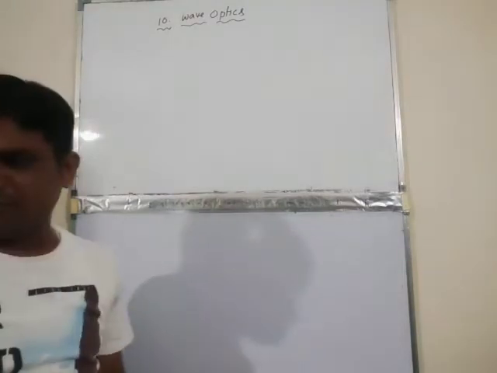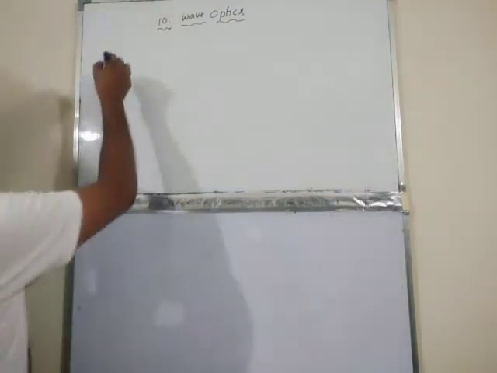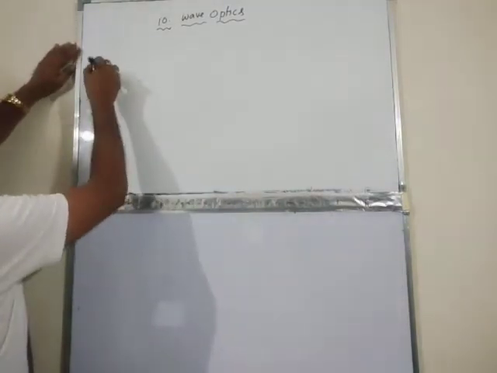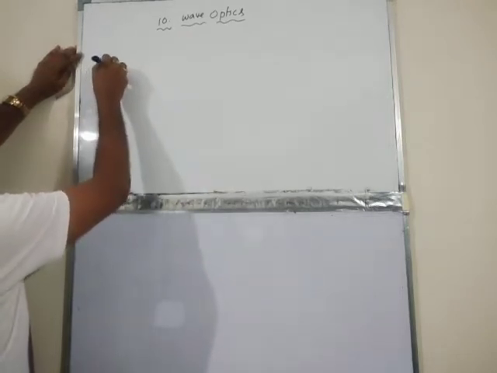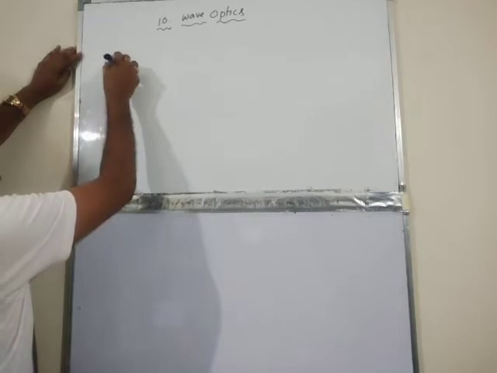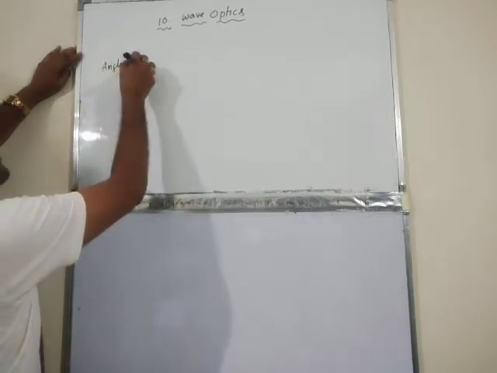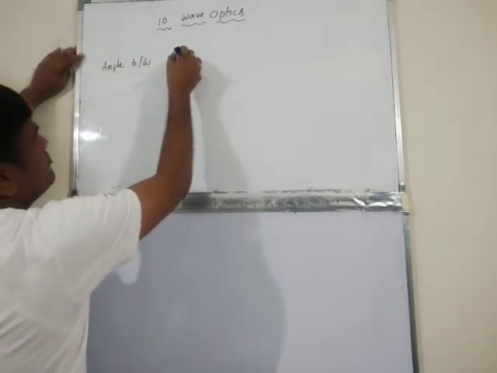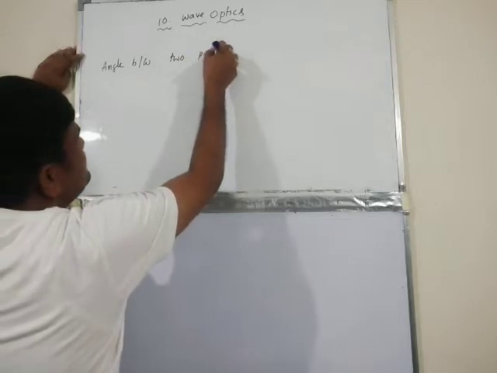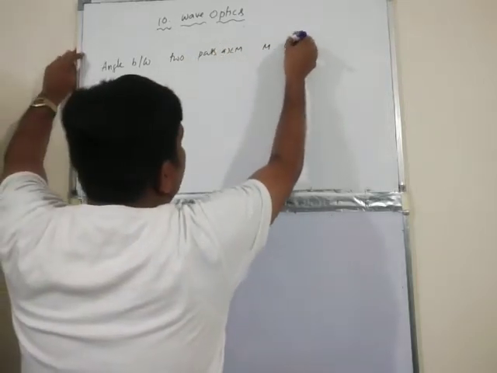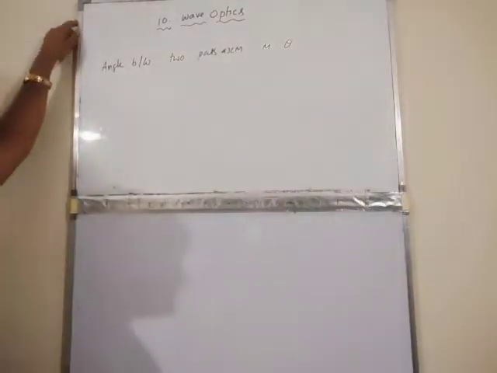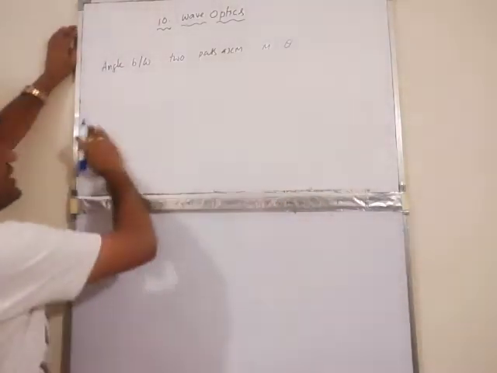So now the angle between the two path axes is theta. Like that, I took theta there. Okay? So then what would happen?